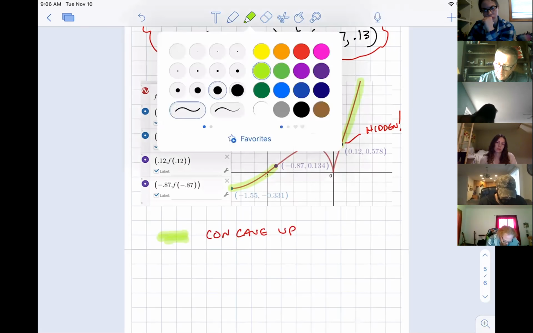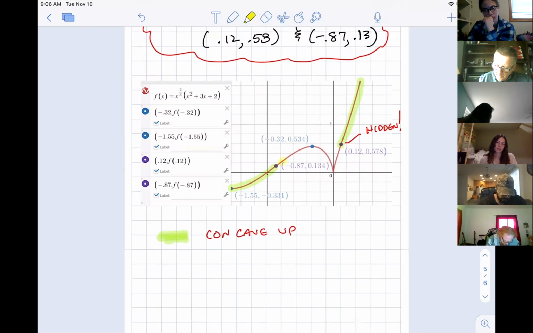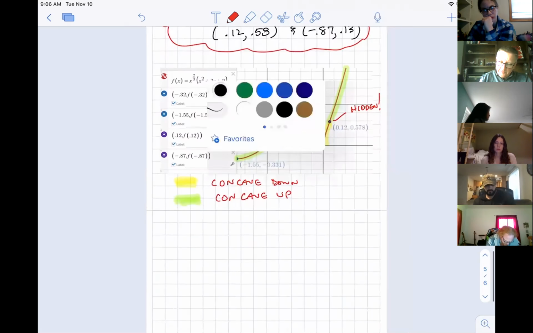Whereas here and here, it's actually concave down. So it's sort of unfortunate it had that point in it, if you will. Let's try this again, just a different example.